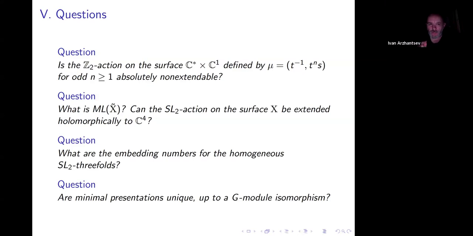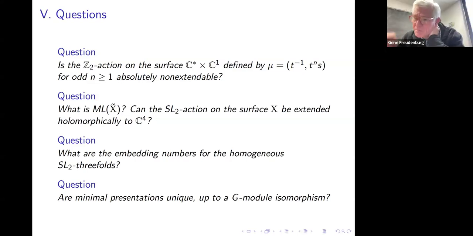And another question about SL2 over T, this homogeneous smooth quadratic surface. So it has a natural embedding into C3. And as you said, all automorphisms of this smooth surface can be extended to the ambient 3-space. So what is your feeling?